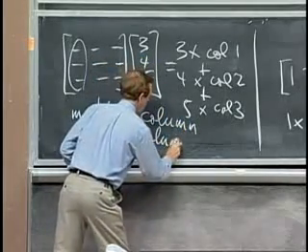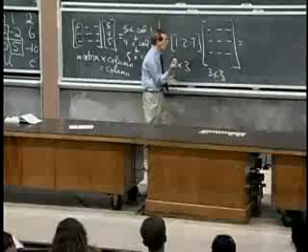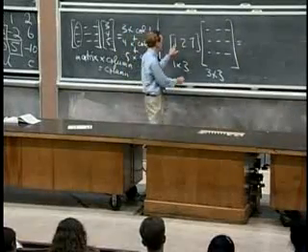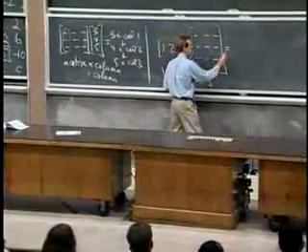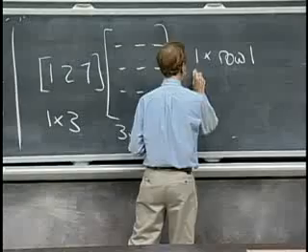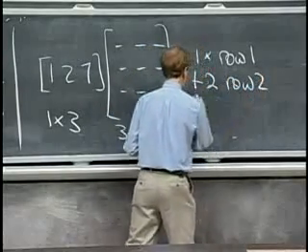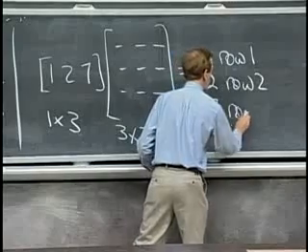And we know what column it is. Over here, I'm doing a row times a matrix, and what's the answer? It's 1 times row 1 plus 2 times row 2 plus 7 times row 3.